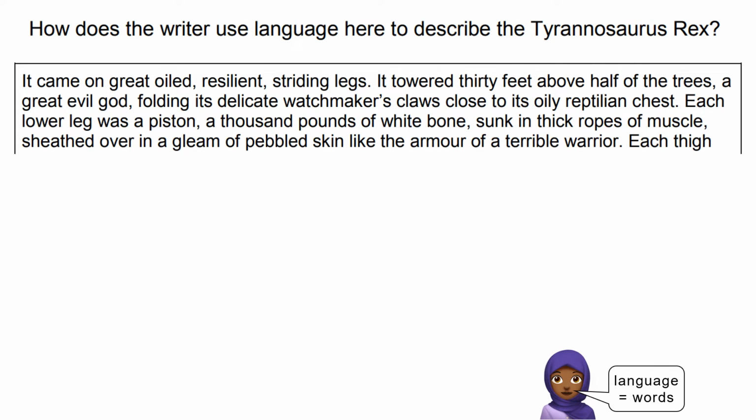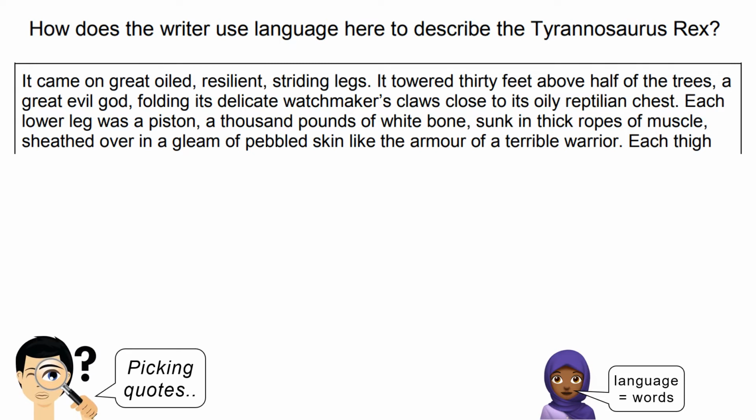Now, the extract that they gave you for this past paper has a really long, dense paragraph of description. You only really need to pick 2 or 3 quotes that describe the T-Rex that you can talk about in the exam. You've only got 15 minutes, so 2 or 3 is probably as many as you can do in the time.